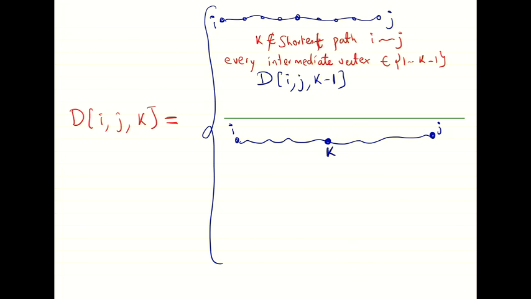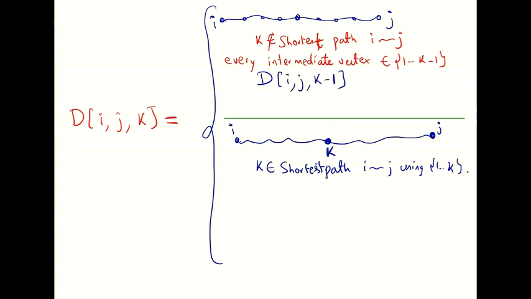So k is part of the shortest path from i to j using 1 through k.